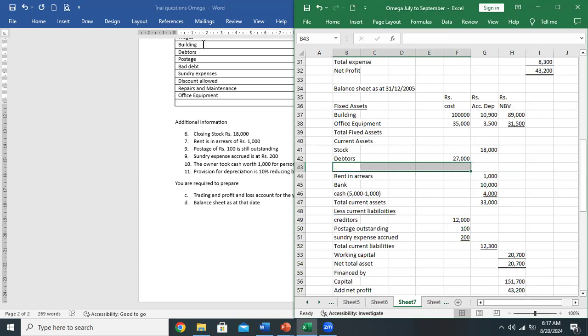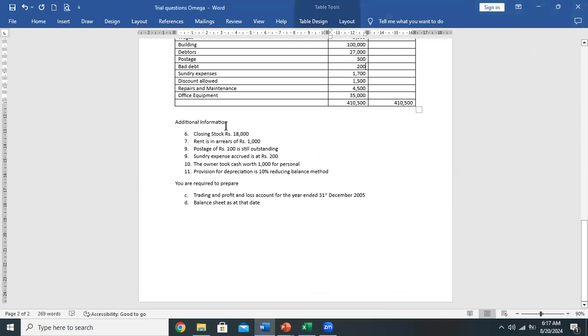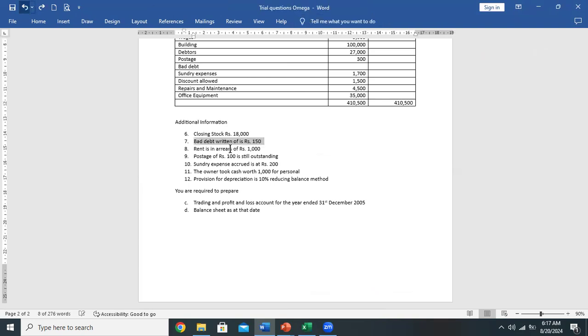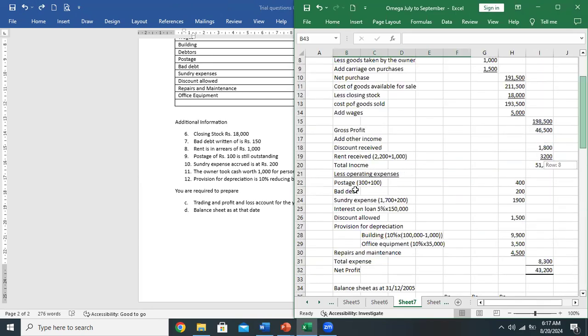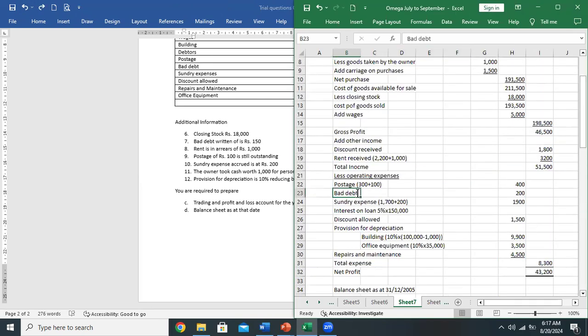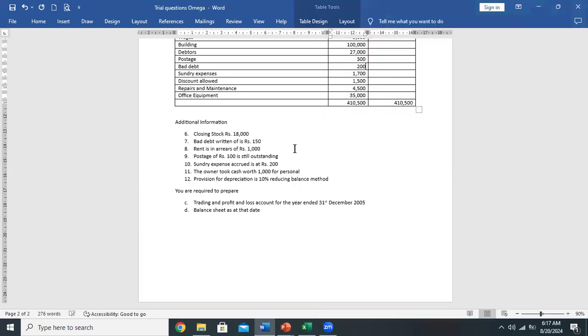There are some questions too. You see it in the trial balance, and again, you see it in the additional information. Please pay attention. I'm giving you all the angles from which this bad debt could be examined. If you see it in the trial balance and in the additional information, this is what you do. In your profit and loss account, make sure you take all the bad debts there. So by that I mean, pick the one in the trial balance and add on the one in the additional information.